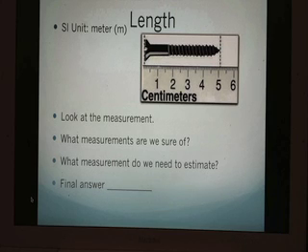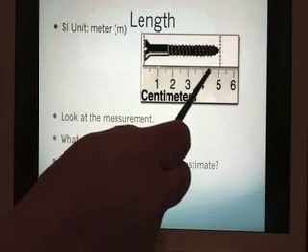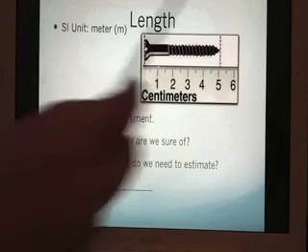They're in centimeters. What is the measurement that we're sure of? Well, the centimeters are then subdivided into 10 little graduations here. So that would be 4, 4.1, that's about 4.5, and 5.